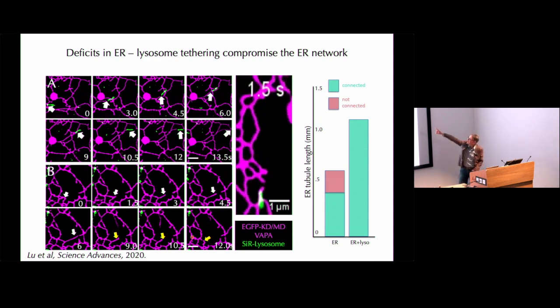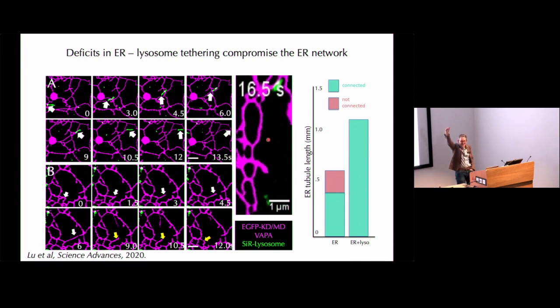So you see, for example, here a lysosome is sort of pulling up a tubule, but it detaches, and immediately the ER tubule retracts at very high speed. And also the other thing that you see is actually the lysosome speeds up as it releases the ER tubule, and that is because the pull resistance is actually reduced.